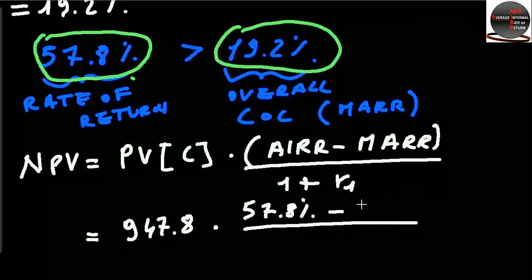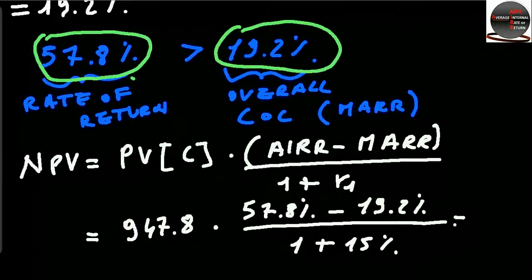We deduct 19.2%, which is our benchmark rate. We discount by 15% and we get the net present value. And the net present value in this case is 319.1. It is positive, which confirms that the project creates value.